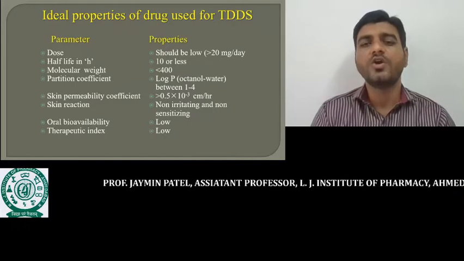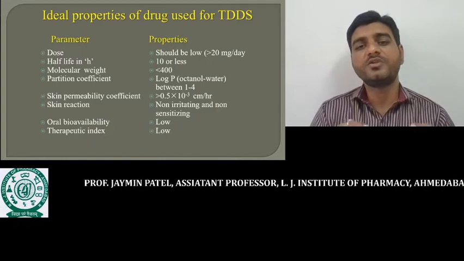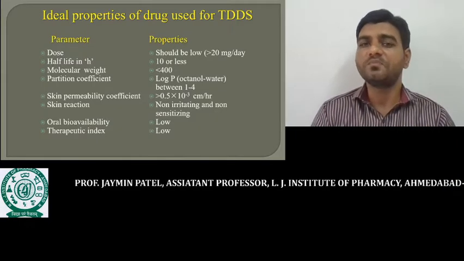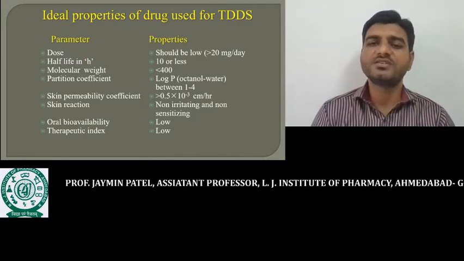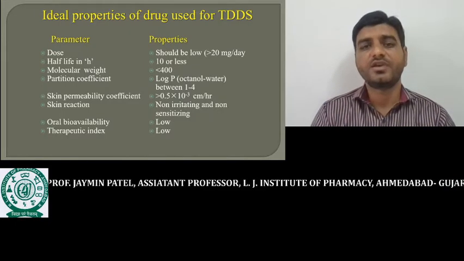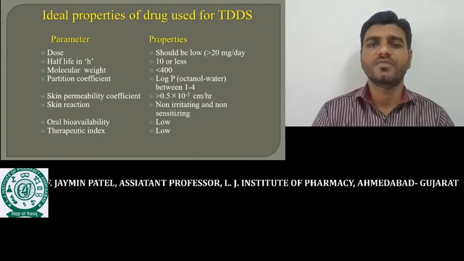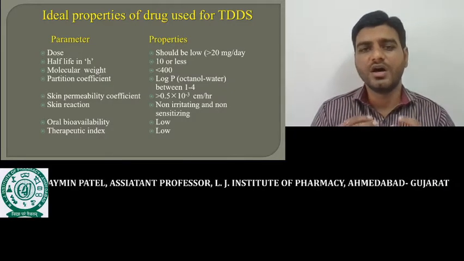Partition coefficient should be in between 1 to 4. Skin permeability coefficient of the drug should be greater than 0.5 x 10^-3 centimeter per hour. The drug should not create any sensitization reaction on the skin.